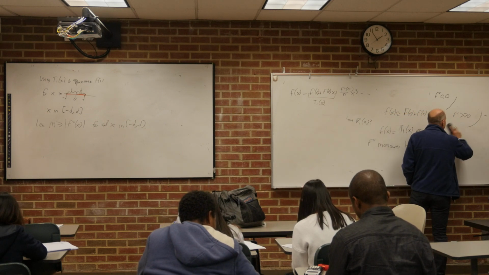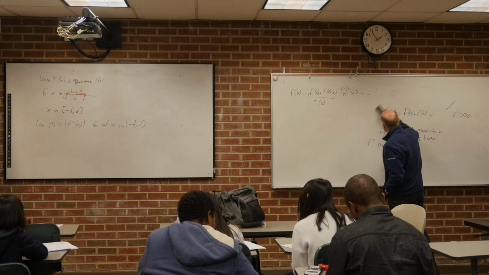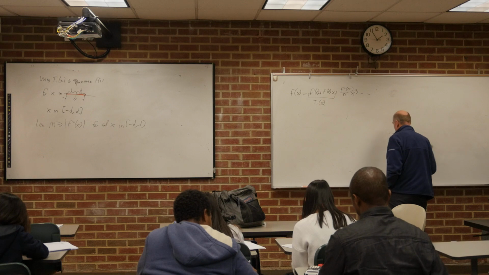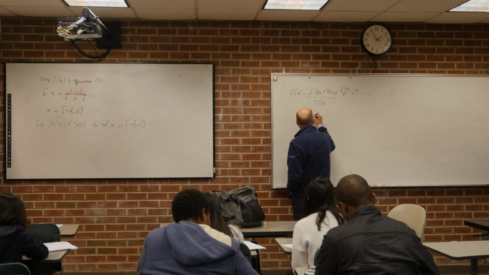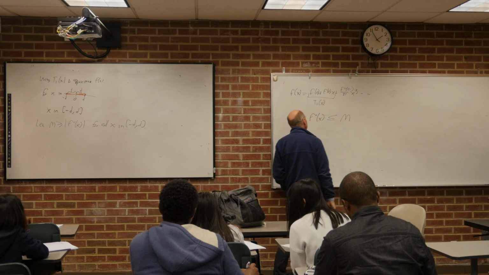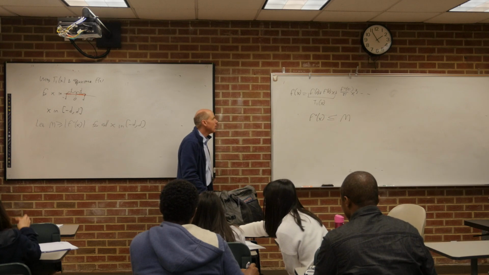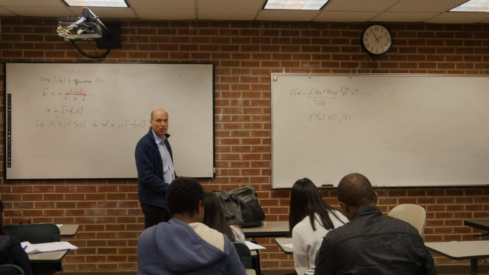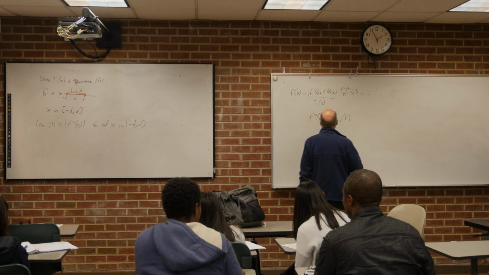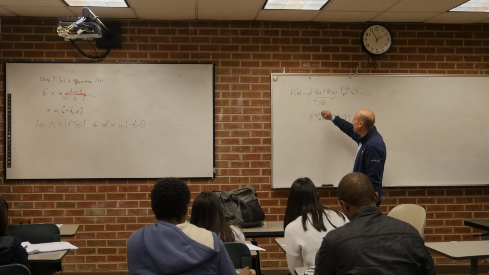The idea is the same, but you have to be a little more careful. And so what we have is f double prime of x is less than or equal to m.